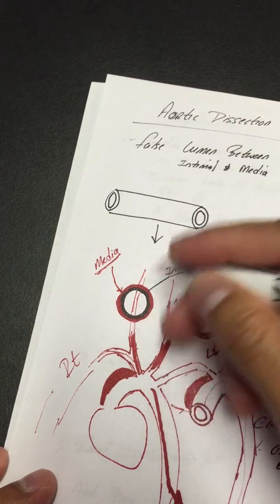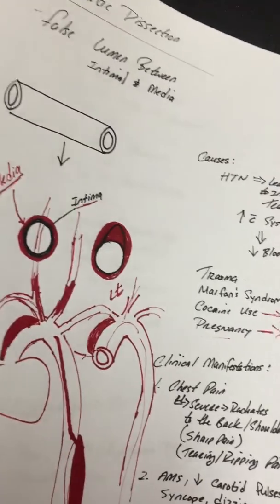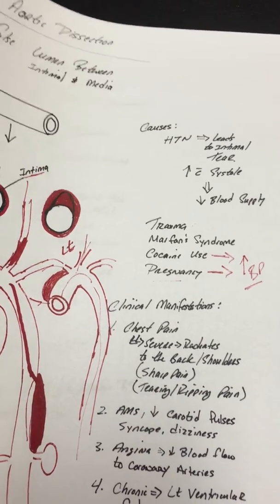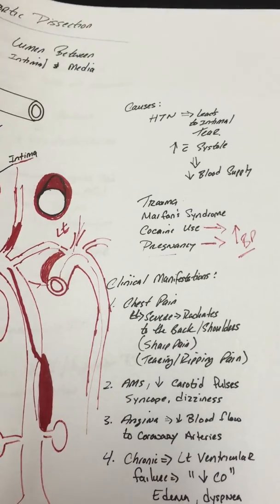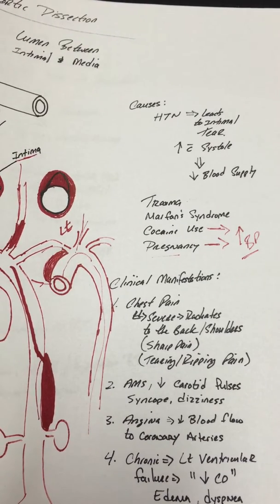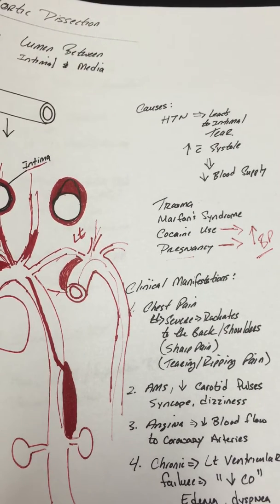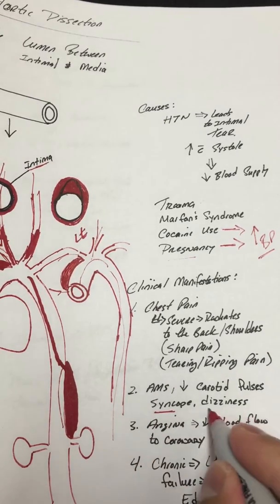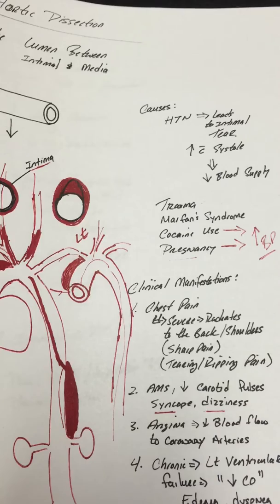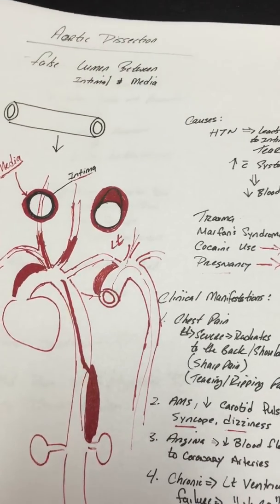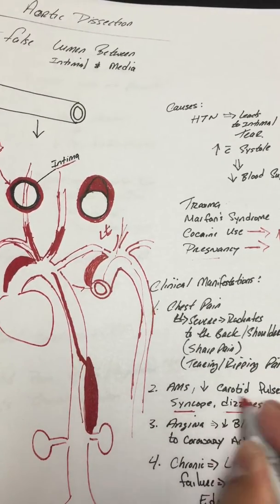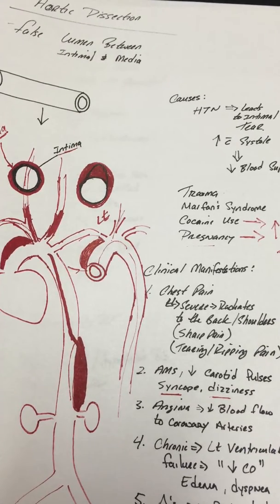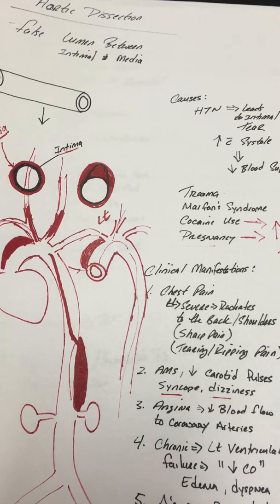So if this blood supply is decreased, the patient will most likely complain of altered mental status, or you will notice some altered mental status, changes in their level of consciousness. That decreased blood supply to the brain may result in syncope or the patient fainting, dizziness. If you were to take their carotid pulses, you'd find that the carotid pulses may be decreased. There may be some changes in the carotid pulses. So again, you want to assess your patient very, very carefully.